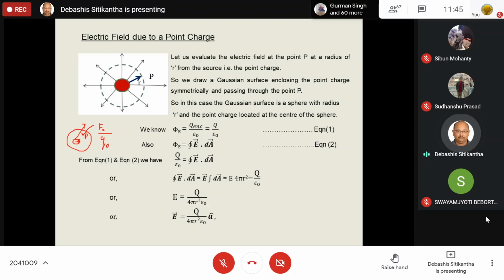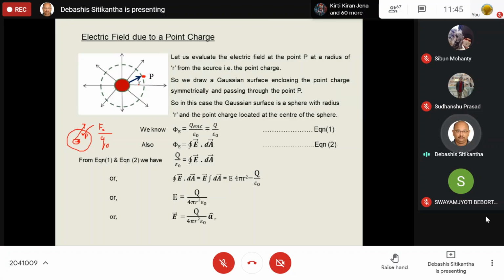So let us see how we are going to apply it. So just go through the picture. Over here, we are supposed to find the electric field at the point P. Suppose the question is: find the electric field because of a point charge Q at a point located at a distance of r from the center of the point charge.